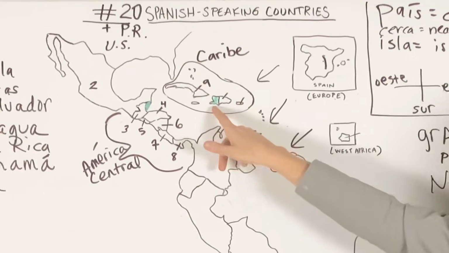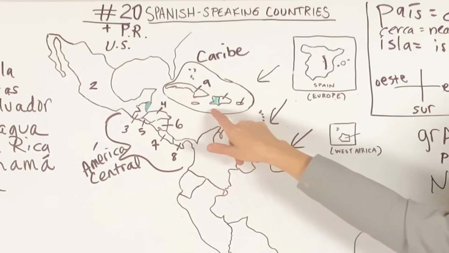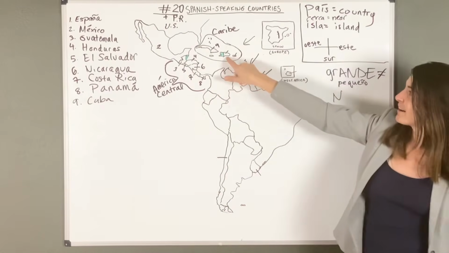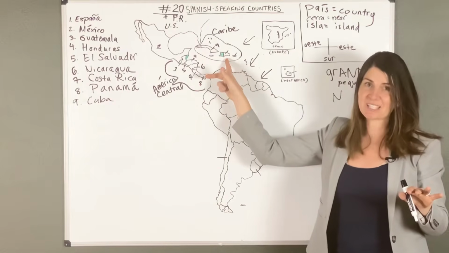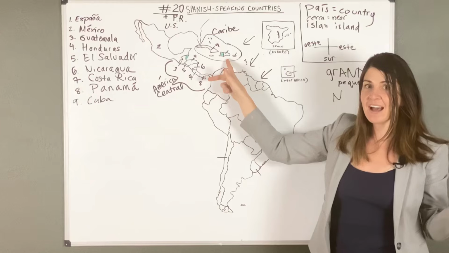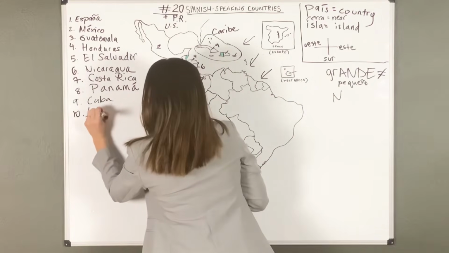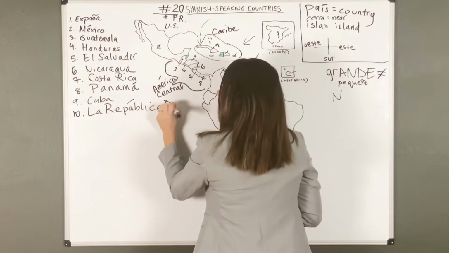Un país en verde, green, habla francés, French. Haití, Haiti. Pero la parte este de la isla habla español. ¿Y cómo se llama el país? La República Dominicana.